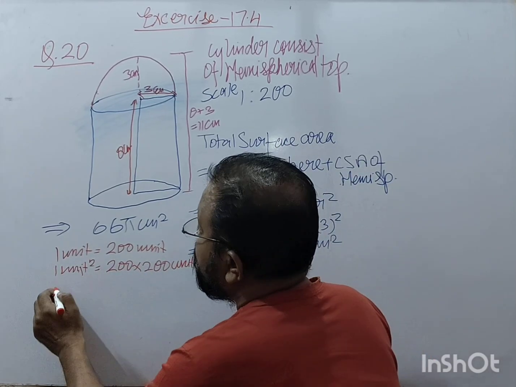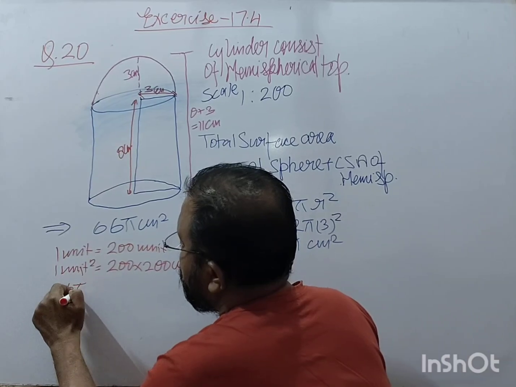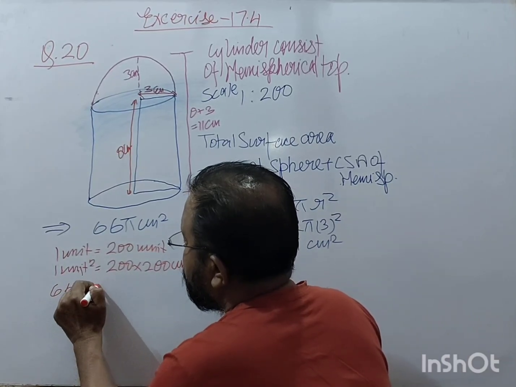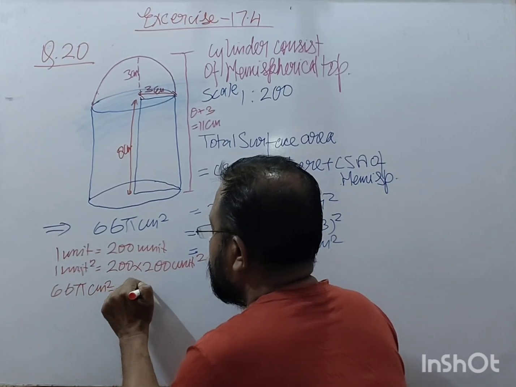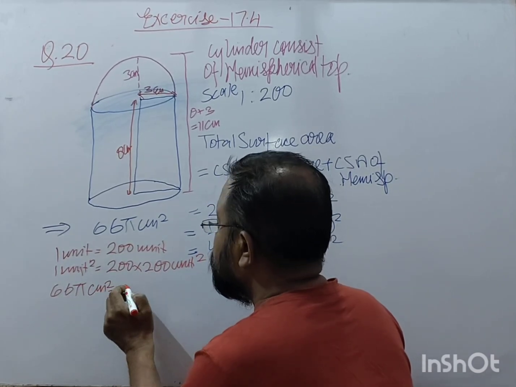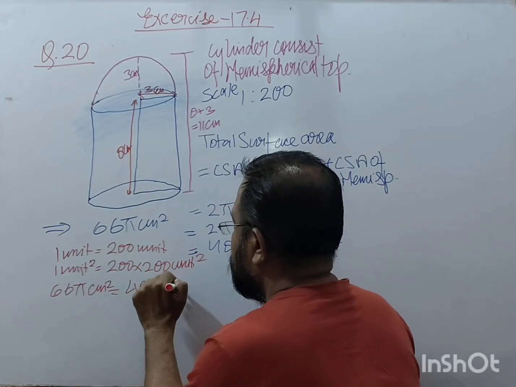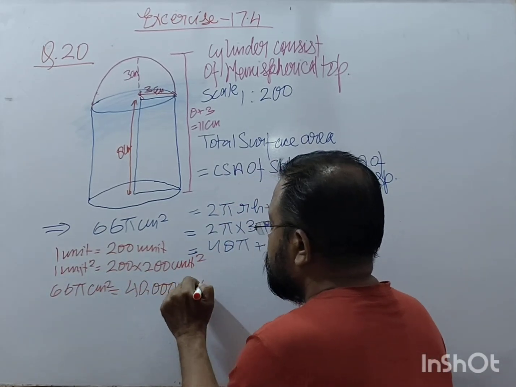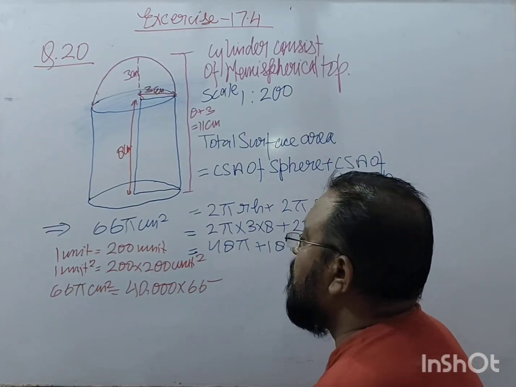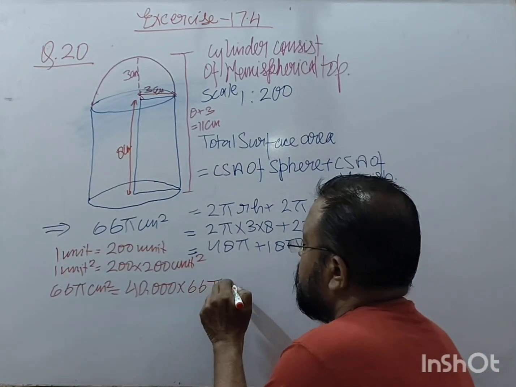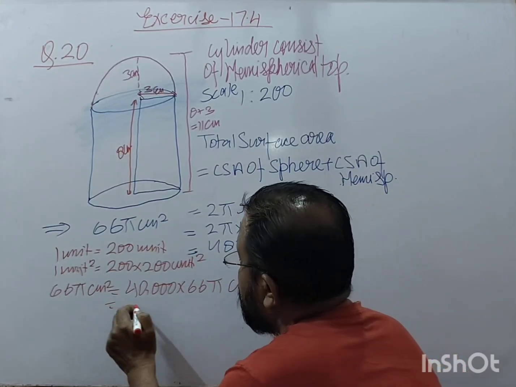So it becomes 66 pi centimeter square is equal to 200 into 200, which is 40,000, into 66 pi centimeter square. So what is your answer?